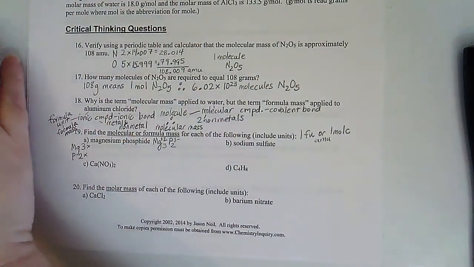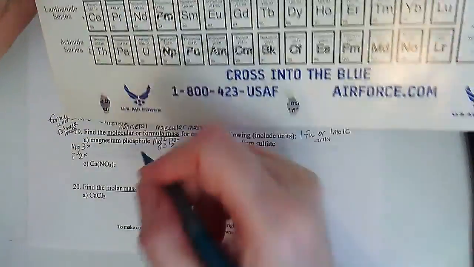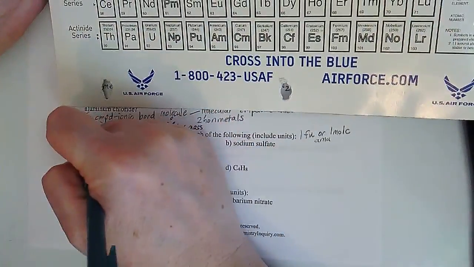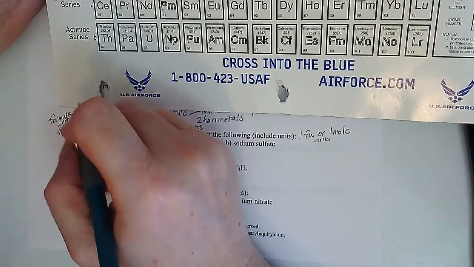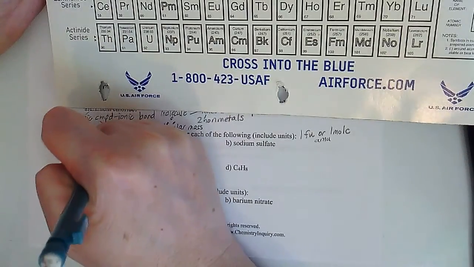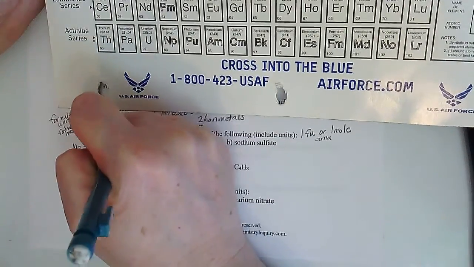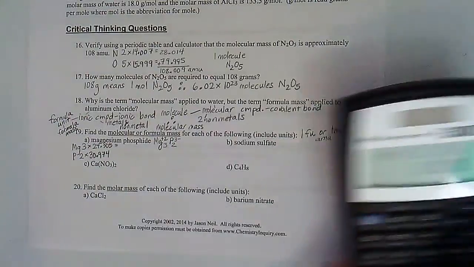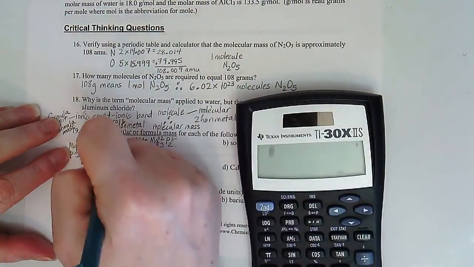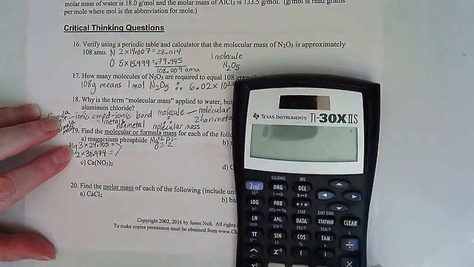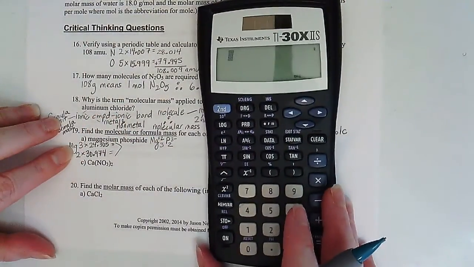I'm going to use my masses from my periodic table. So magnesium is 24.305. Phosphorus is 30.974. And then I'm not going to write them out separately. I'm just going to do them all at once on the calculator.